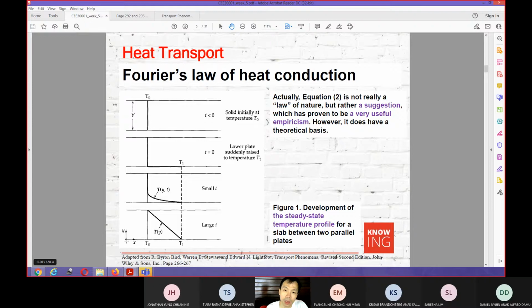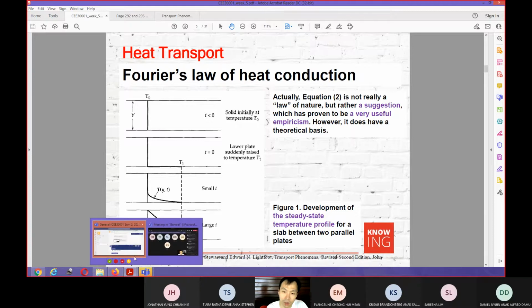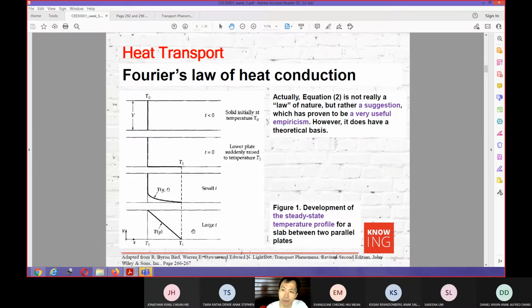Note that in this particular system, we take the directions as x and y. So x is going in one direction, y is going in another direction, and if we have a z, which we don't show here, that will go in the other direction, basically perpendicular to the page. Those will be the directions.